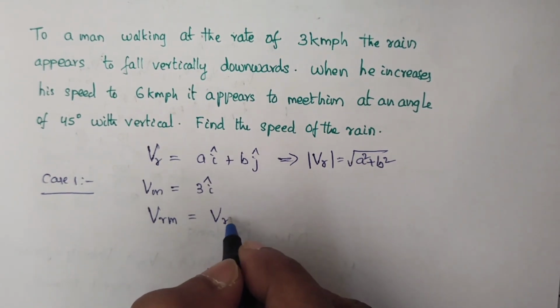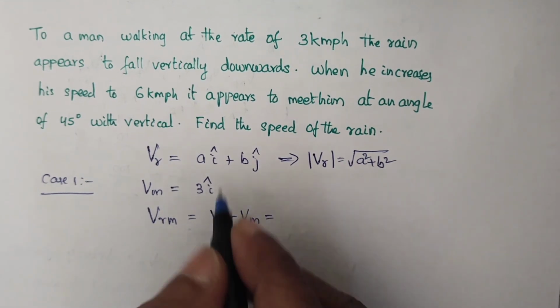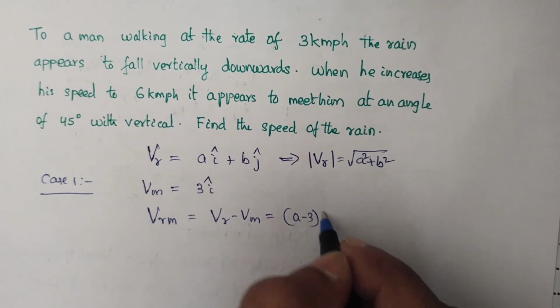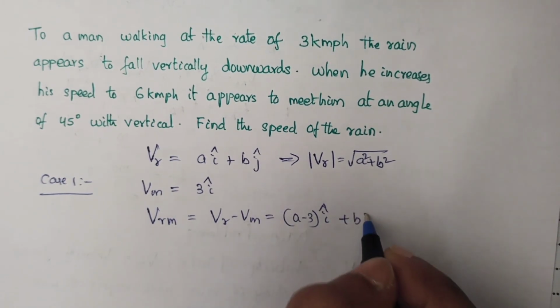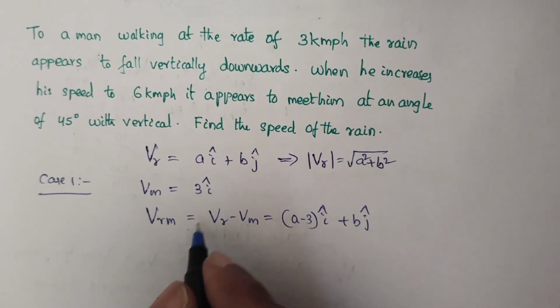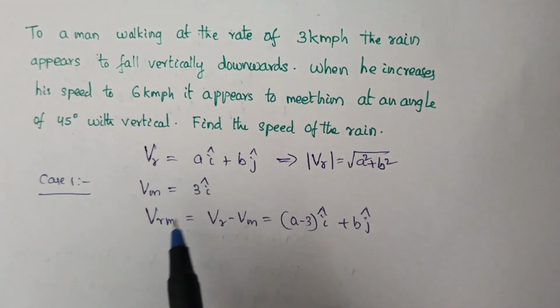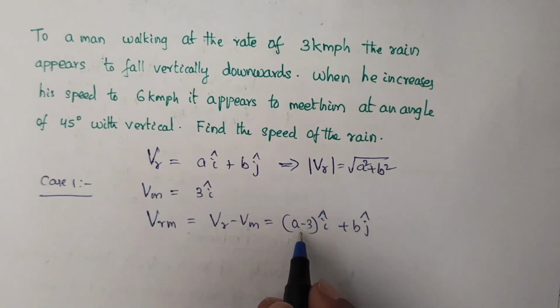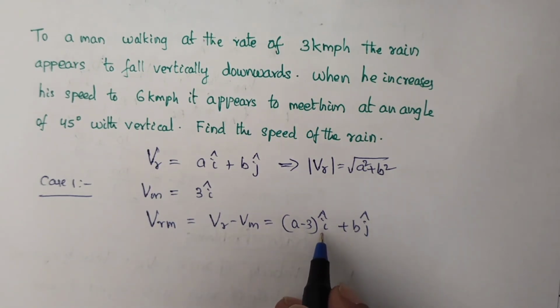So that is Vr minus Vm, that is equal to (a minus 3) i cap plus b j cap. This is Vrm, right? But the given condition is fall vertically downwards. So vertically downwards means the theta is equal to 0 degrees.